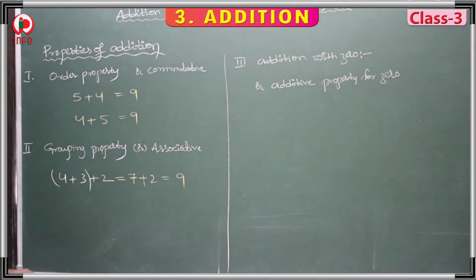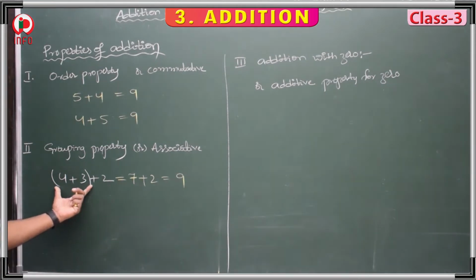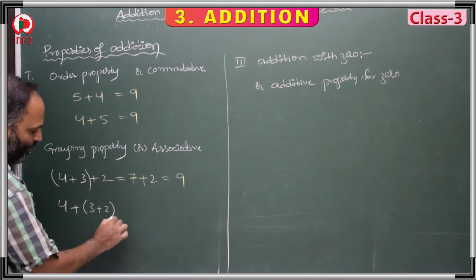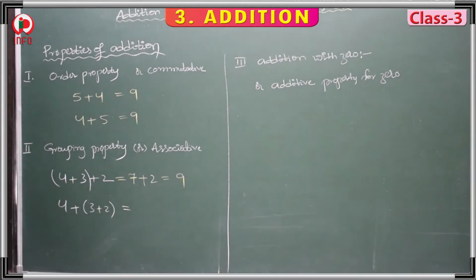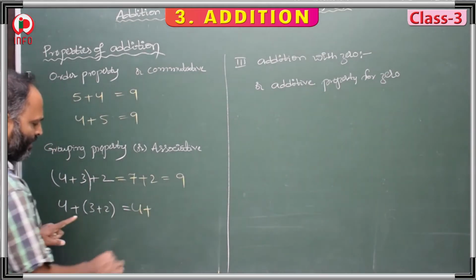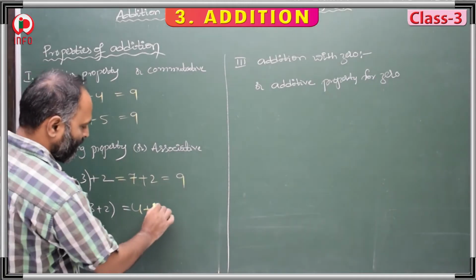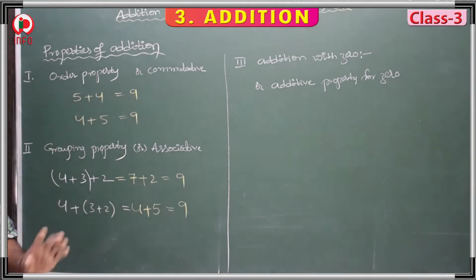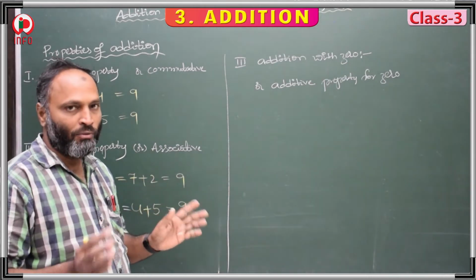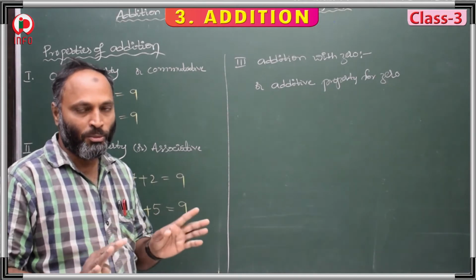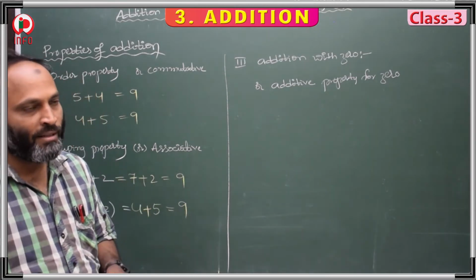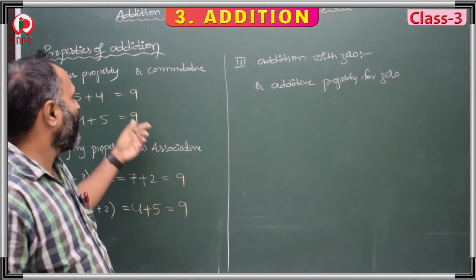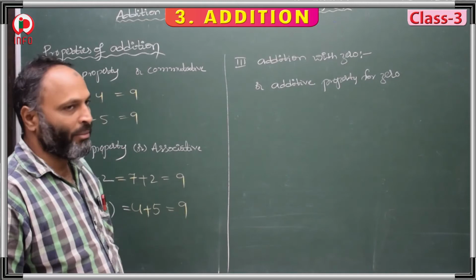In the second case, I take 3 plus 2 as one group, and 4 stays as it is. 3 plus 2 is 5. 4 plus 5 is 9. If the added groups change, there is no problem. Your answer will remain the same. This grouping property is also called the associative property, and this order property is also called the commutative property.